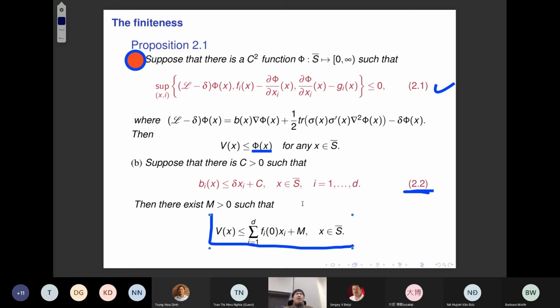Of course, if we have other assumptions rather than 2.2, then we can try to establish further bounds. But for ecosystems, 2.2 is sufficient.